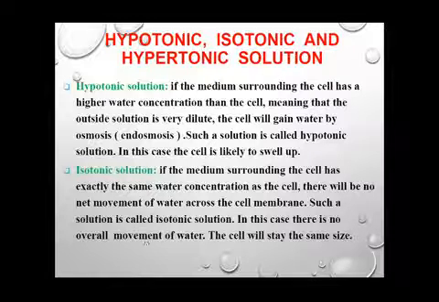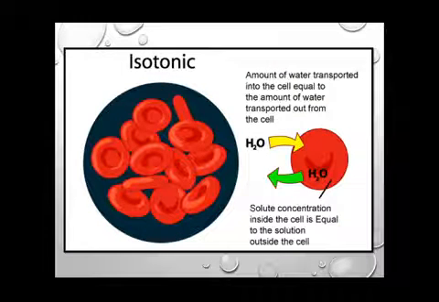Here what will happen? There will be no overall movement of the water, and the cell will stay the same size. Since water is not entering into the cell and water is not going out of the cell, the size and shape of the cell remain the same in the case of the isotonic solution. So here is the figure of isotonic solution, since the solute concentration inside the cell is equal to the solution outside the cell.